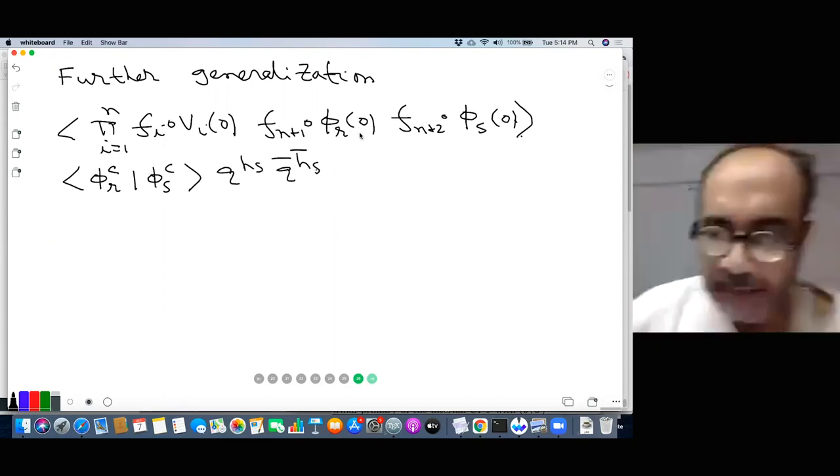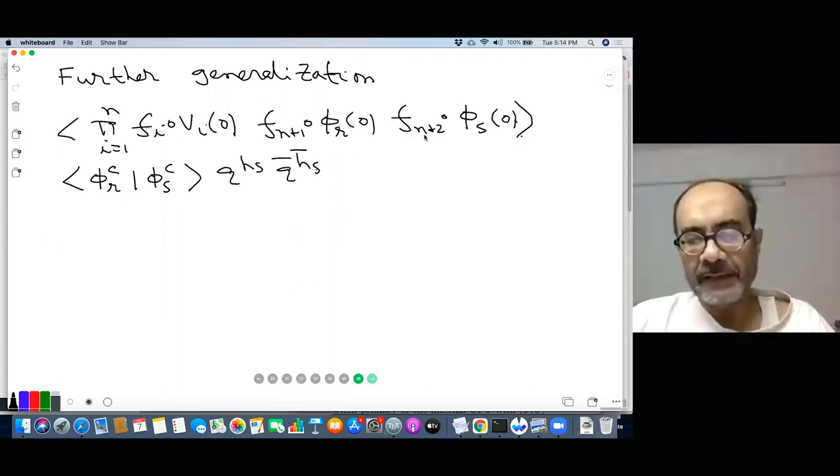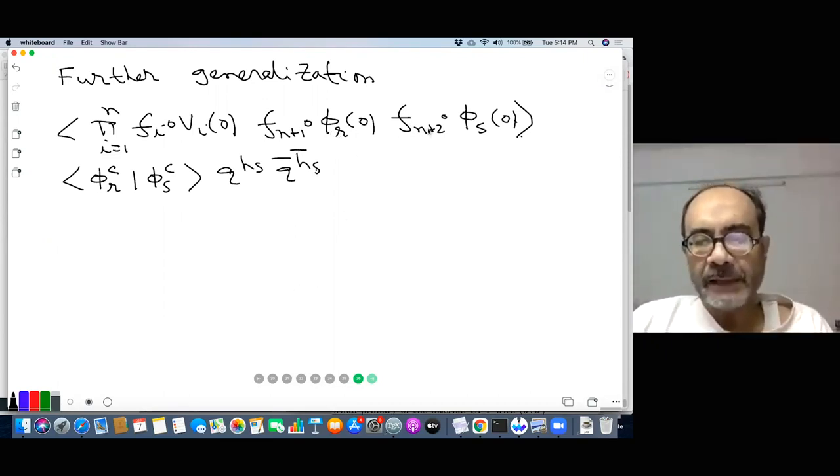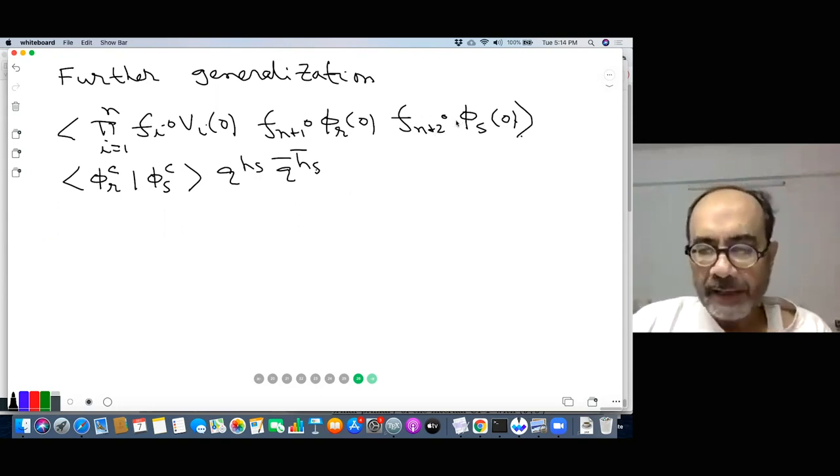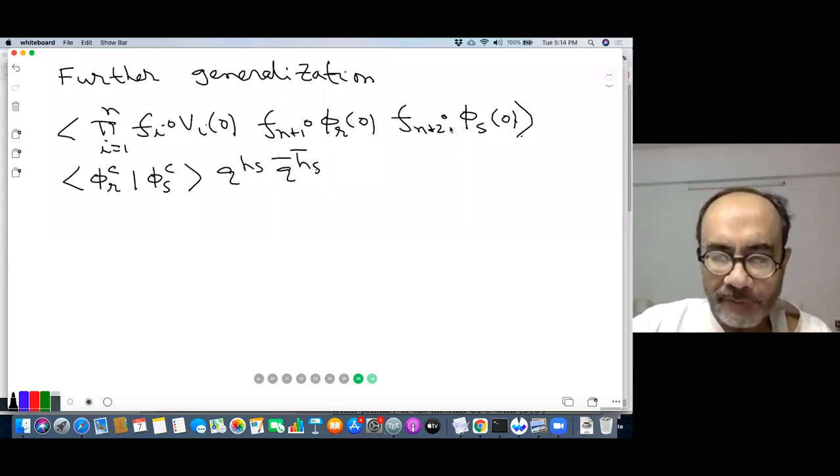The only difference between this and the previous cases is that here, instead of picking two punctures from two different spheres, I have picked two punctures from the same sphere. But the philosophy is exactly the same.